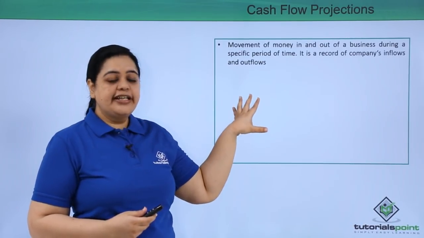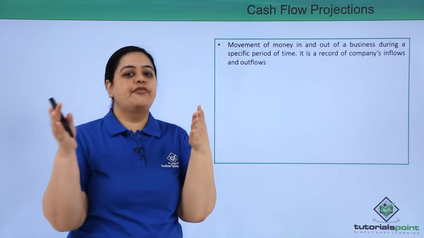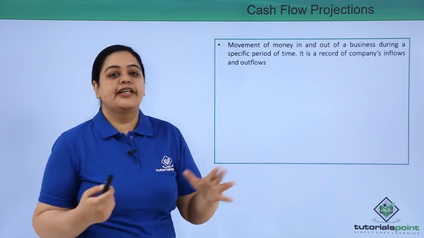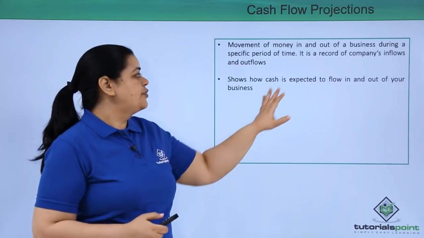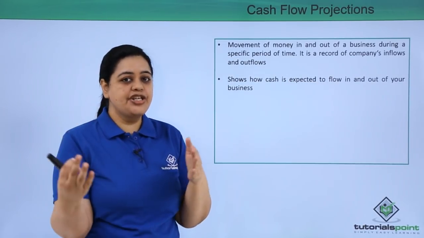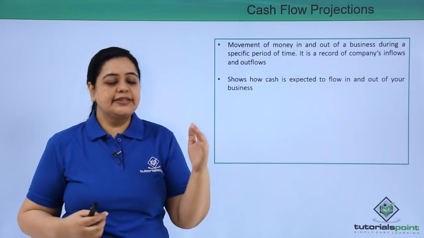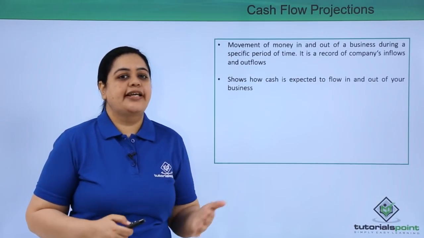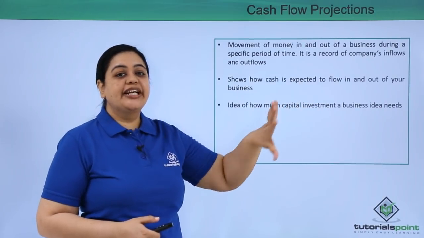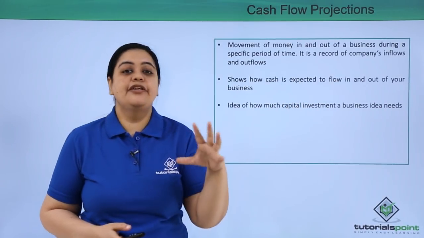So what are the inflows and outflows, let's say from April to March, you will project that, and that would be the cash flow projections. Basically, a cash flow projection will tell us how much cash is expected to come into the business and how much we are expecting to go out of the business. In this scenario you get an idea about how much capital you would require.